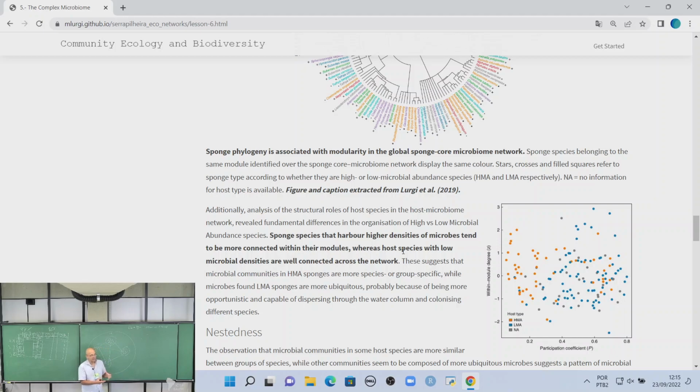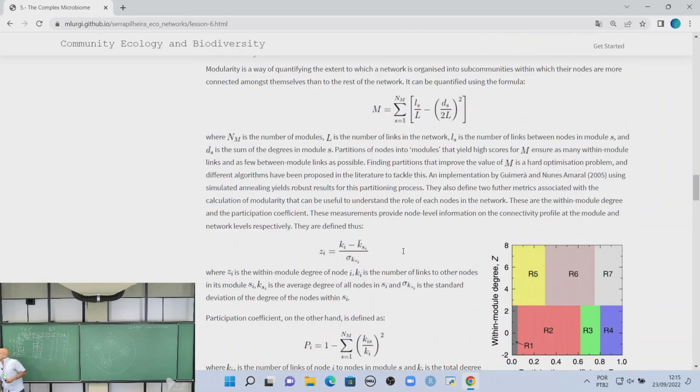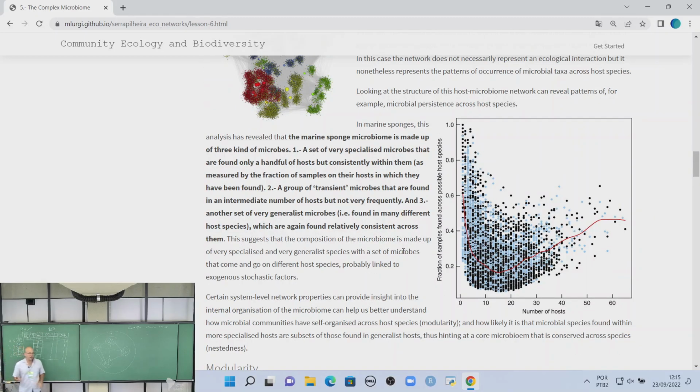So they tend to keep their microbes because they like petting them. You know, they like cultivating them. Whereas for the low microbial abundance sponges, their strategy is to pump a lot of water through their system and grab many opportunistic things. So if you think about these things together, then when we have patterns like this, it's not very surprising, right?